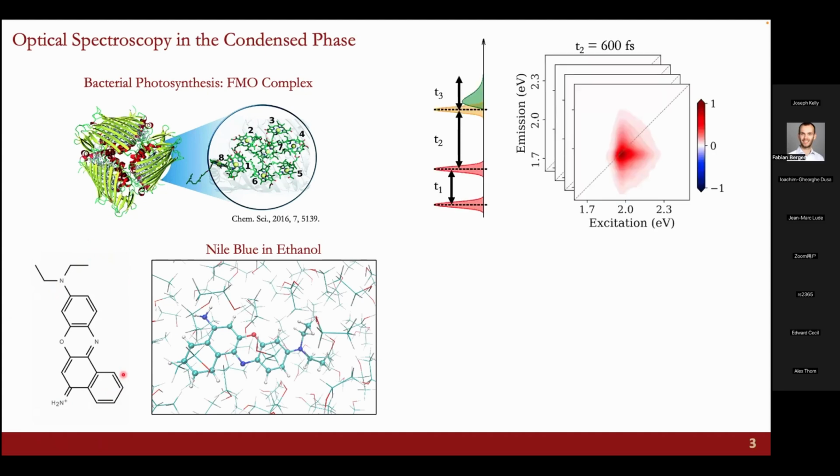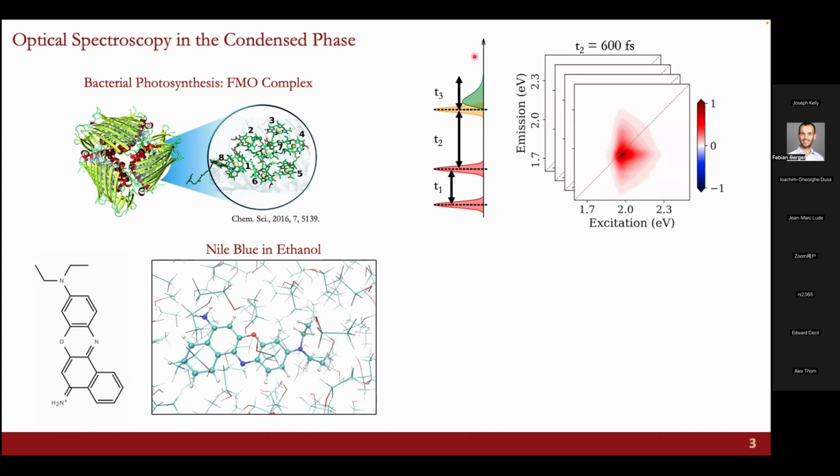And so the 2D spectroscopy that we take a look at, these third order response expressions involve a 3-pulse sequence where each pulse is separated by a time delay, first T1, and then a second T2, and finally, as you watch the emission of this molecule, a third T3.